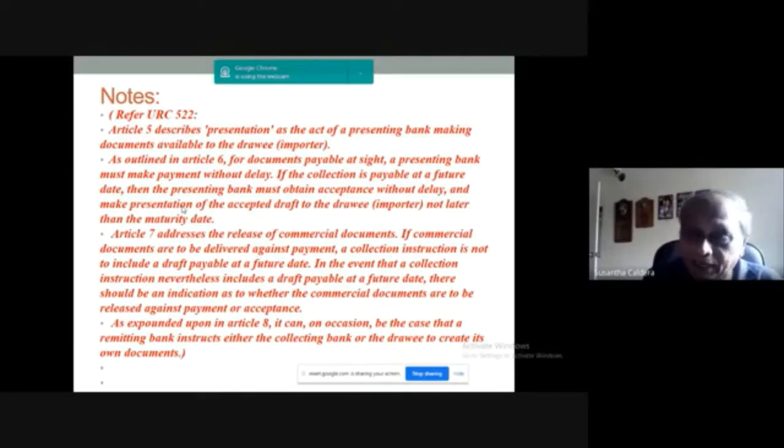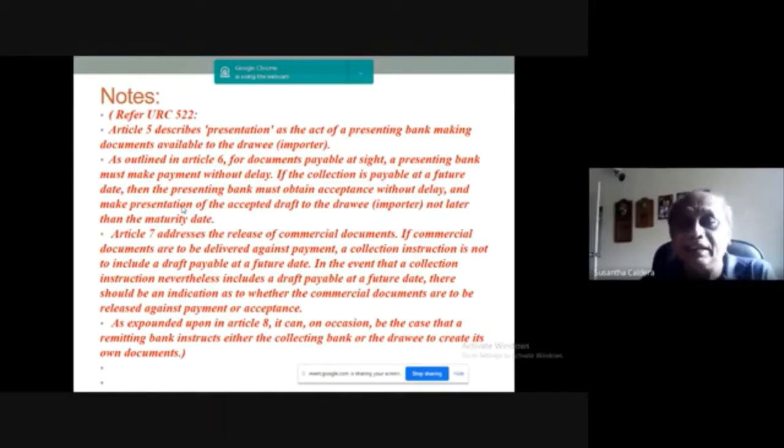The presenting bank is the bank that will present the documents to the drawee. So the presenting bank is Sampath Bank. Standard Chartered Colombo will send the documents to the presenting bank, Sampath Bank. But definitely Standard Chartered is making some handling charges. That is their procedure.